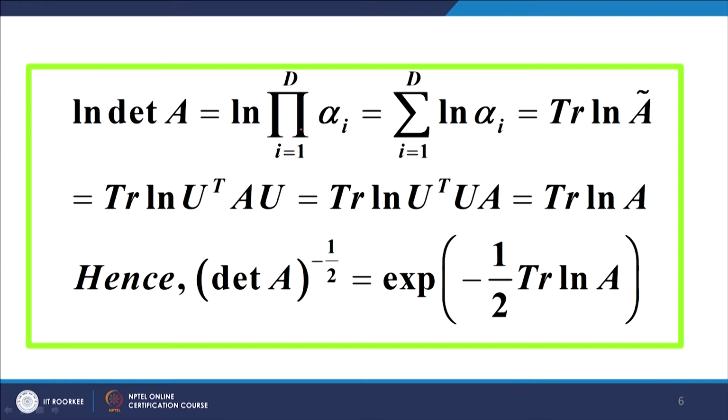Now, recall A tilde is a diagonal matrix, all of whose diagonal elements are the various eigenvalues. So, instead of summing over alpha, I can use the expression of trace also.